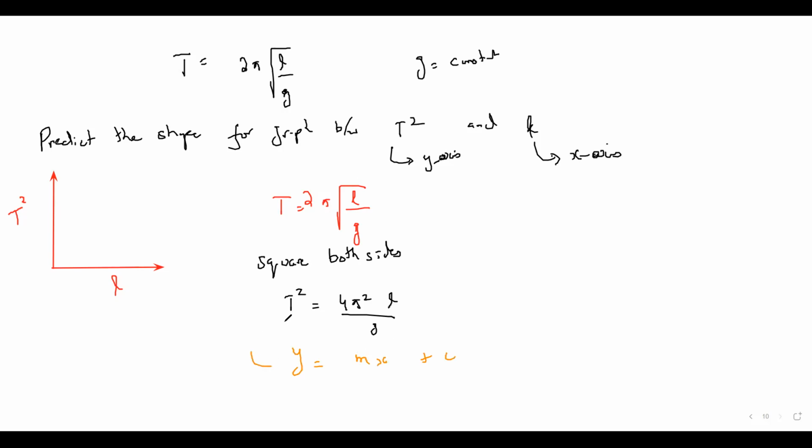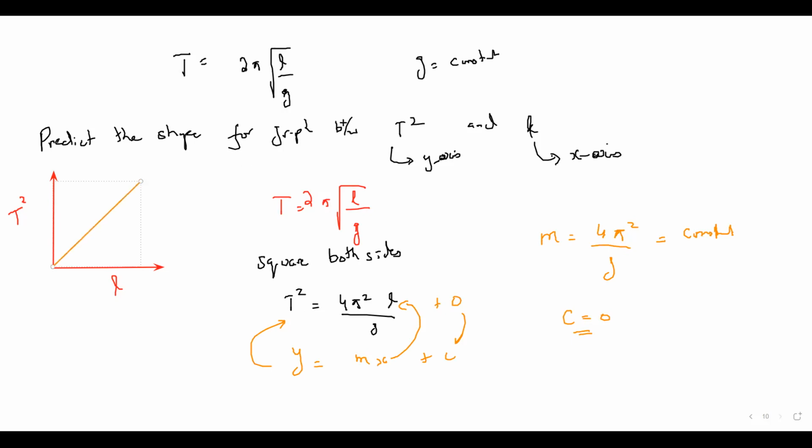So with t square on the y-axis and L on the x-axis, our gradient will be 4 pi square by g, where 4 is constant, pi square is constant, pi is 3.14, and g is constant. So our gradient will be a constant. And what about the y-intercept? It will be 0, because nothing is added. So it will be a straight line passing through the origin.